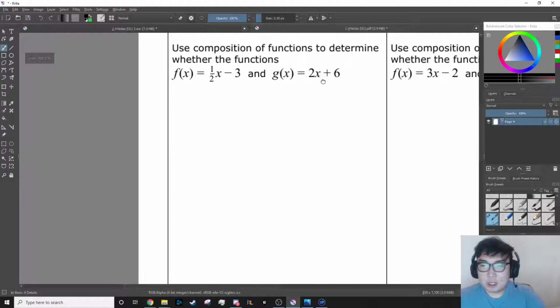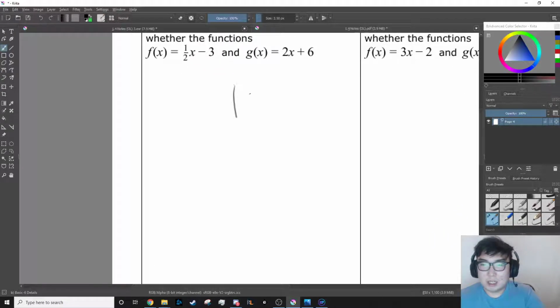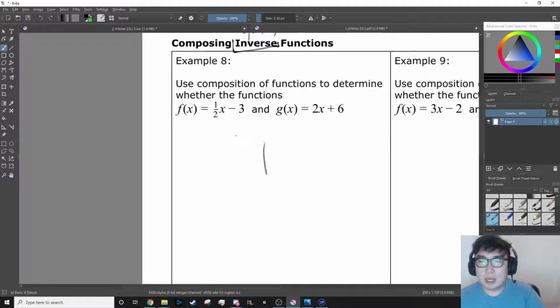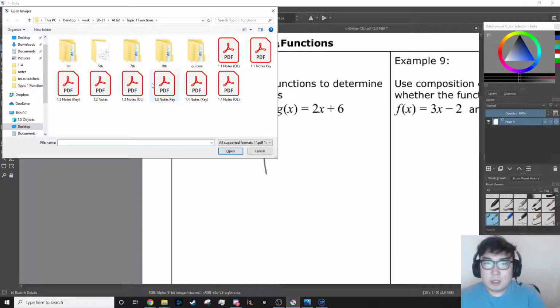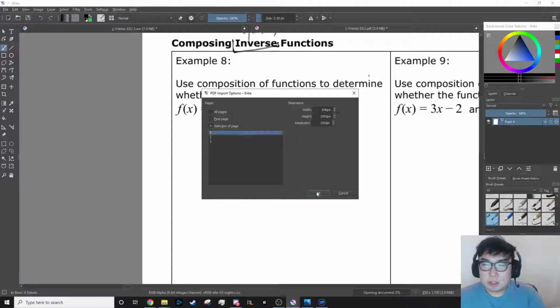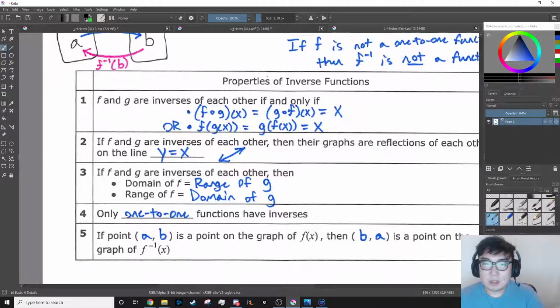And I want to draw lines to separate this, because we're going to have to do 2 steps. In our notes, in our first page, we saw that f and g are inverse of each other if and only if f of g of x is equal to g of f of x, which is equal to x.